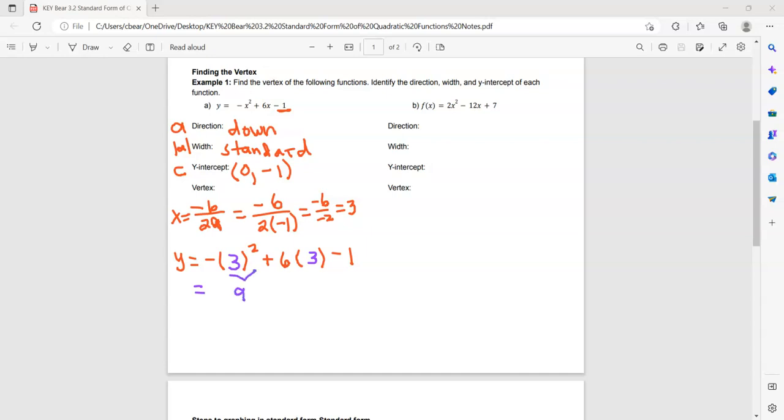That negative that's in the front stays in the front. 6 times 3 is 18, minus 1. Negative 9 plus 18 will give me positive 9, and 9 minus 1 makes 8. So now we can finally get to the vertex. The vertex is going to be 3, 8.